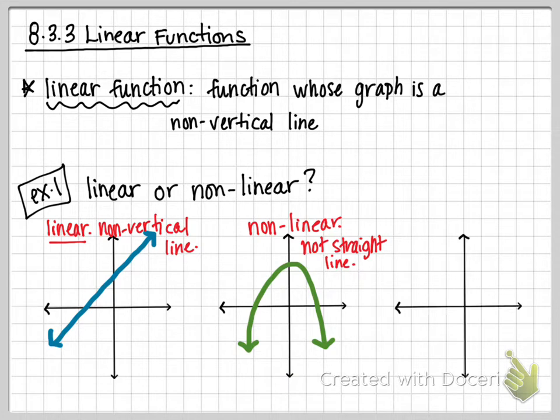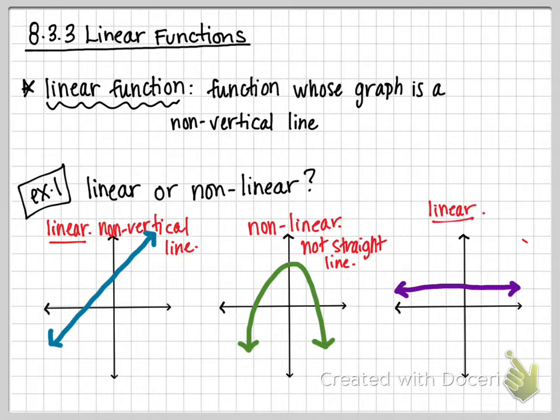What about this? Is this a linear function? Yes, because it is a horizontal line, that's fine. What can it not be? Vertical. Horizontal is fine. So yes, this is linear.